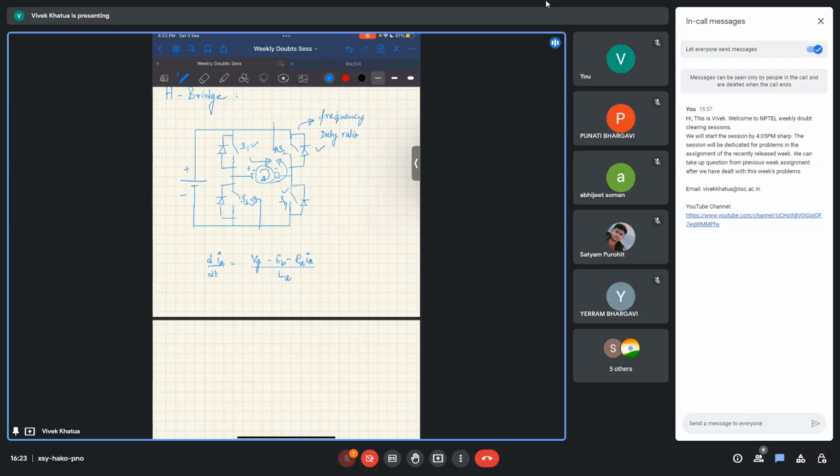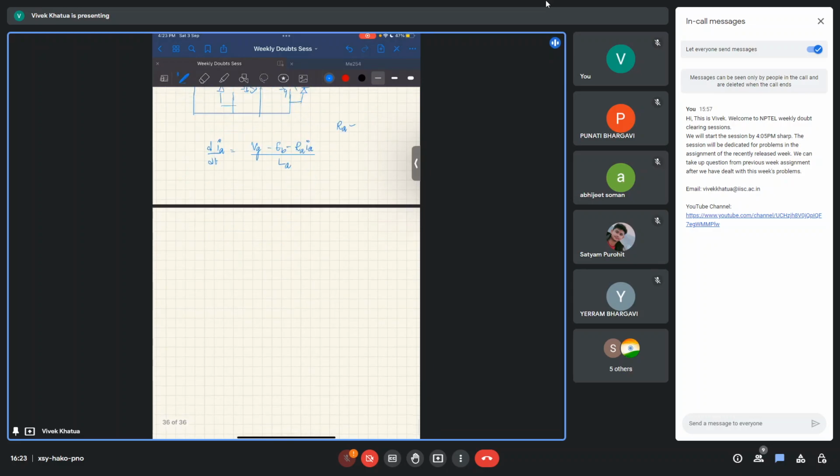In cases where RA cannot be neglected, I don't think you'll have a question on this, but you know how to integrate this equation, right? So you will have this as a logarithmic relation.